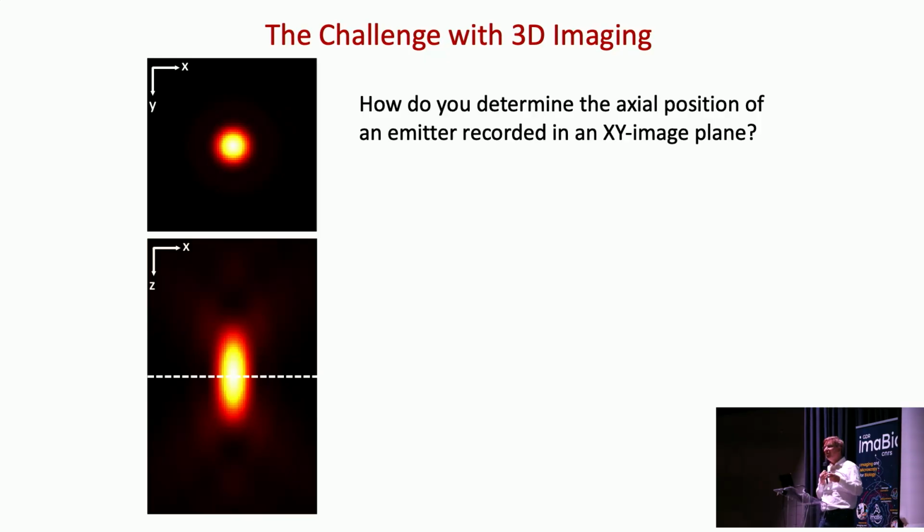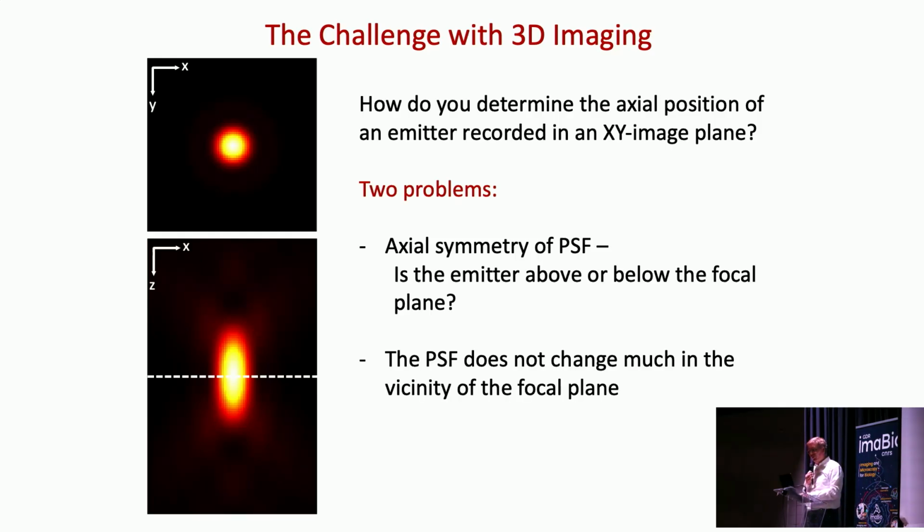Or in other terms, it doesn't matter too much if it's 100 nanometer above or below, it looks the same. But here, of course, that's exactly what we want to find out. We want to know if a molecule is 100 nanometer higher or 100 nanometer lower because we want a 3D super resolution stack. So we need to solve these two challenges here, right?